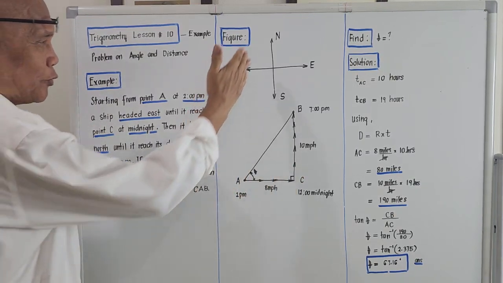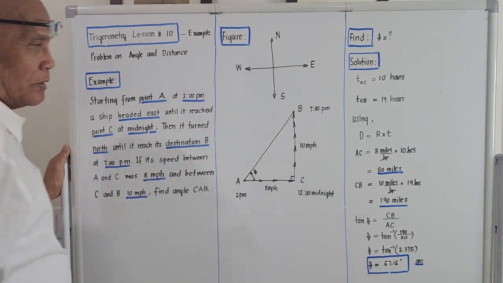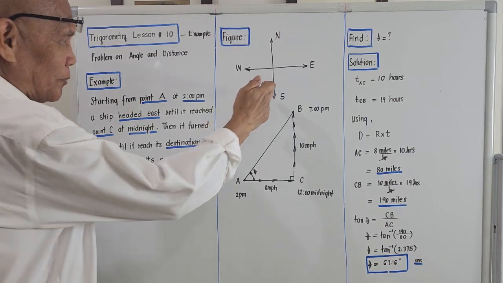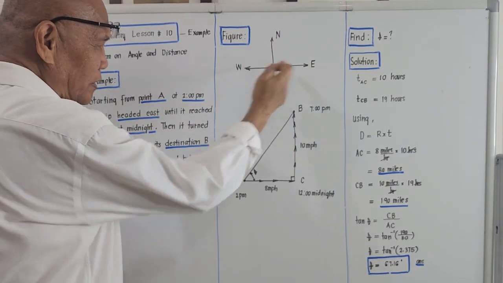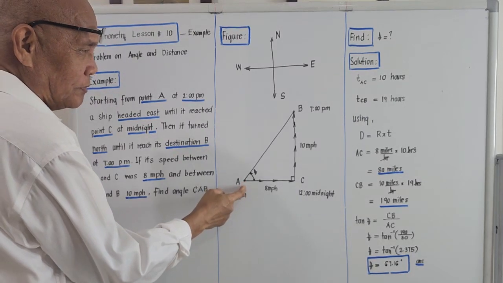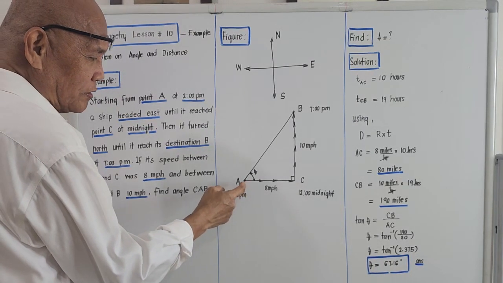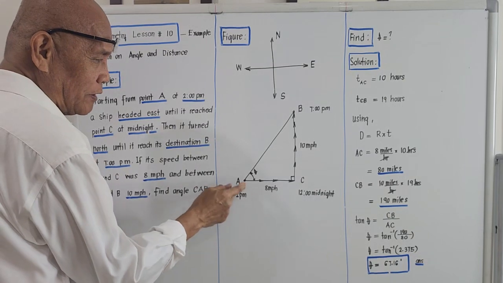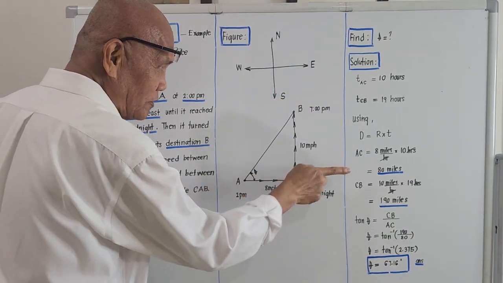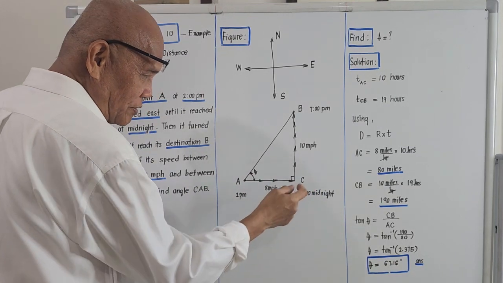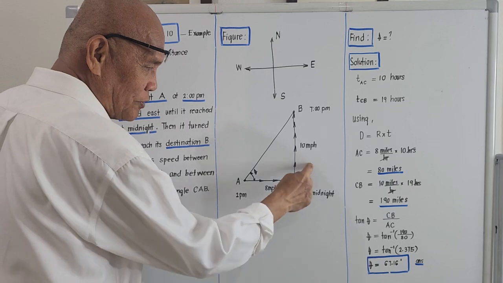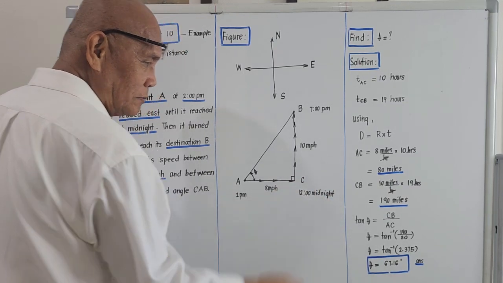If we try to bring out the direction, this will be north, this is south, this is west, and this is east. So if this is the initial location of the ship, it started at point A at 2 p.m. and headed east. Then it reached point C, and the time it arrived at point C is at 12 midnight.